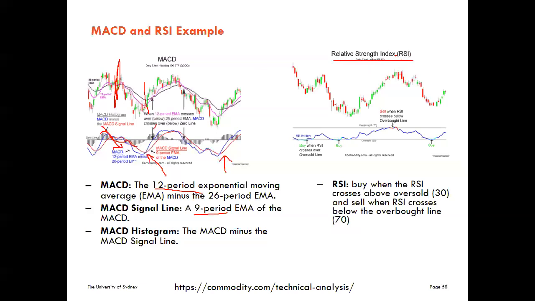Whenever it touches 70, that means the market is overbought. So many people have already bought it, so now they're going to sell it, which means if you have already opened a position, you should sell. And whenever it touches 30, that means the market is oversold, so lots of people are going to buy the stock.